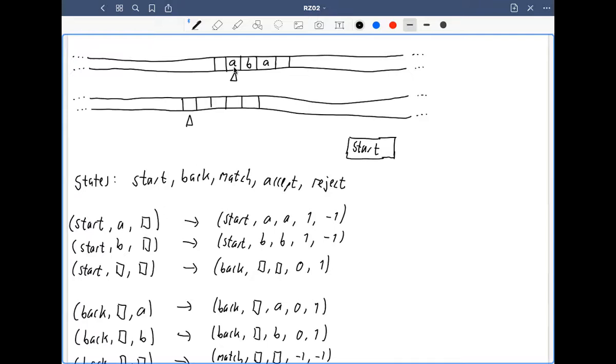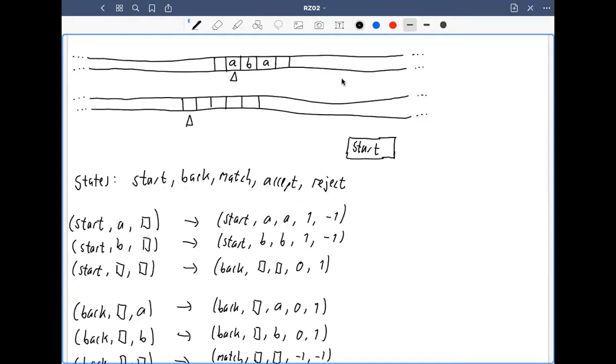We're in start, looking at A, and looking at blank. So this first transition is the one that fires. We stay in start. The first head keeps an A. The second head also puts an A on its tape.